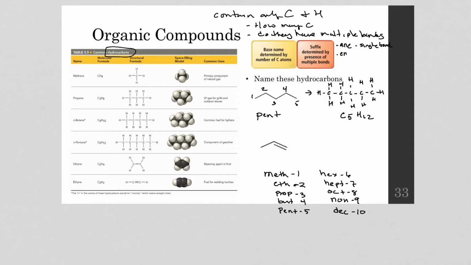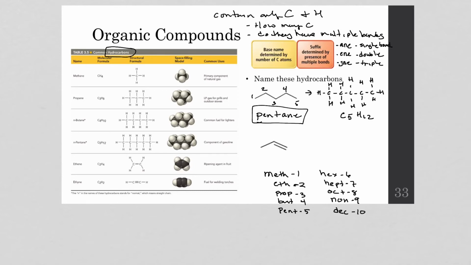We could have an ENE ending, and this means we have a double bond. And we could have a YNE ending, and that means we have a triple bond. Since we have all single bonds, the suffix is going to be just ANE, and so this compound would simply be known as pentane.